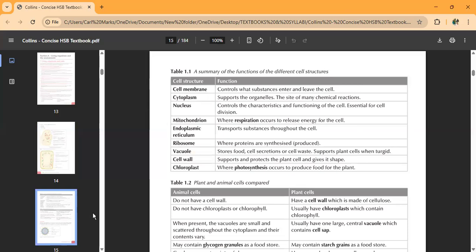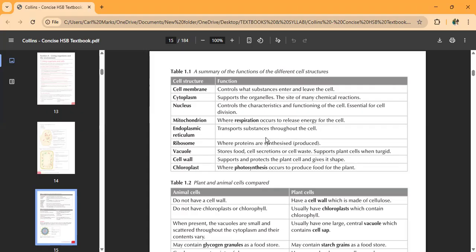Then we know that we have the endoplasmic reticulum. We have the smooth ones and the rough ones, right? What they do is transport substances throughout the cell. They basically package substances and move them from one place to the next within the cell, right? Ribosomes now.